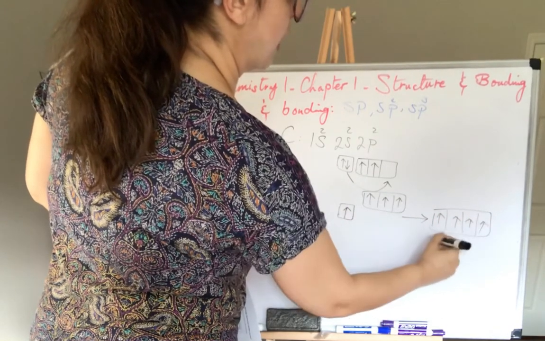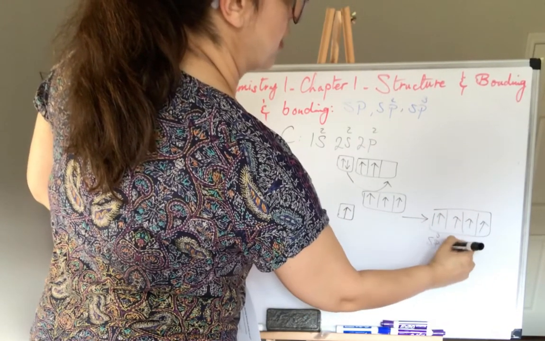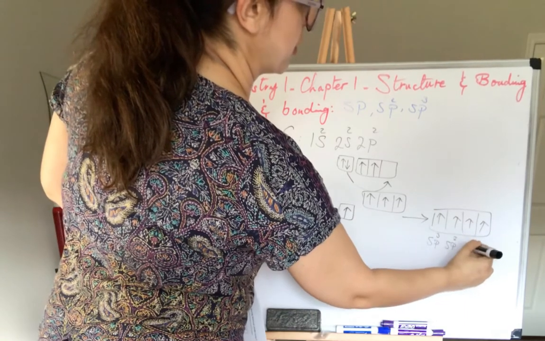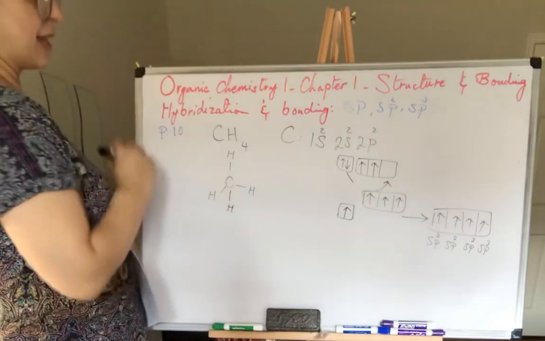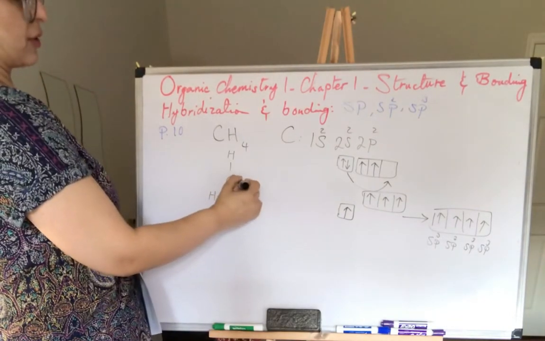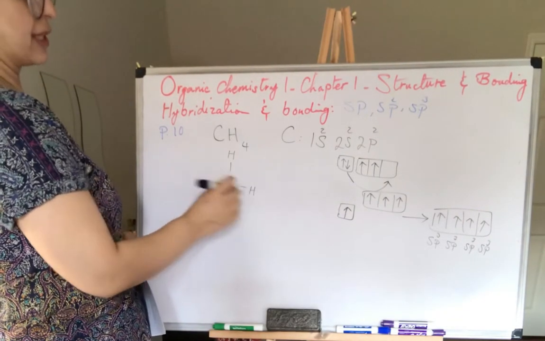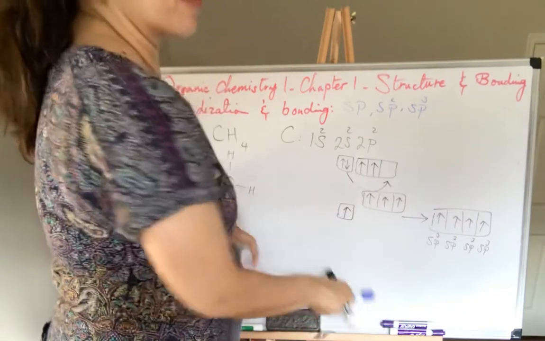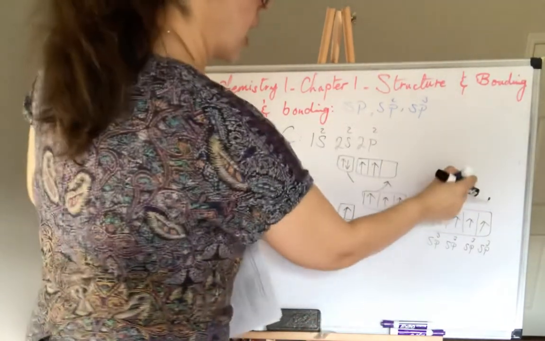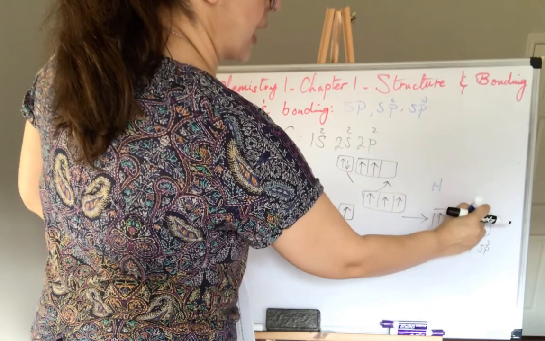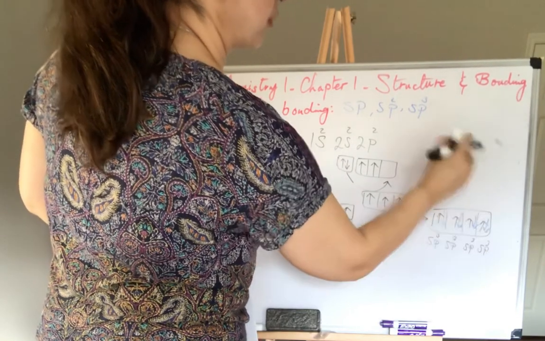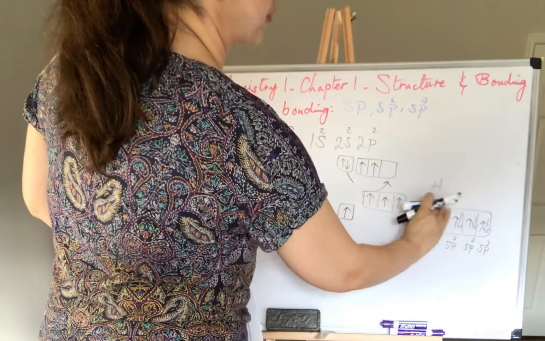So they are all sp3 orbitals. Okay? And then all of these are sp3 orbitals, and they are ready to form the bond with hydrogen orbitals, which have 1 electron. Hydrogens.